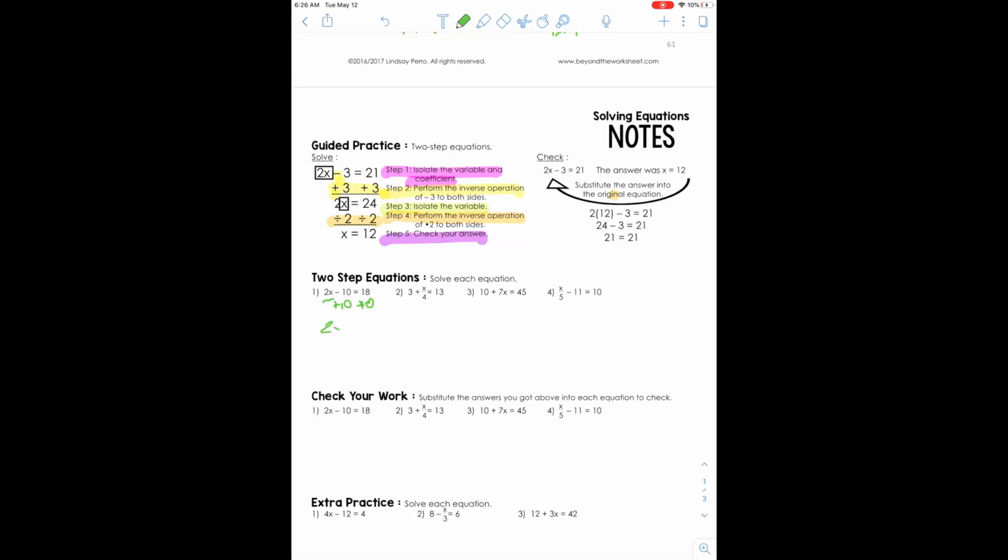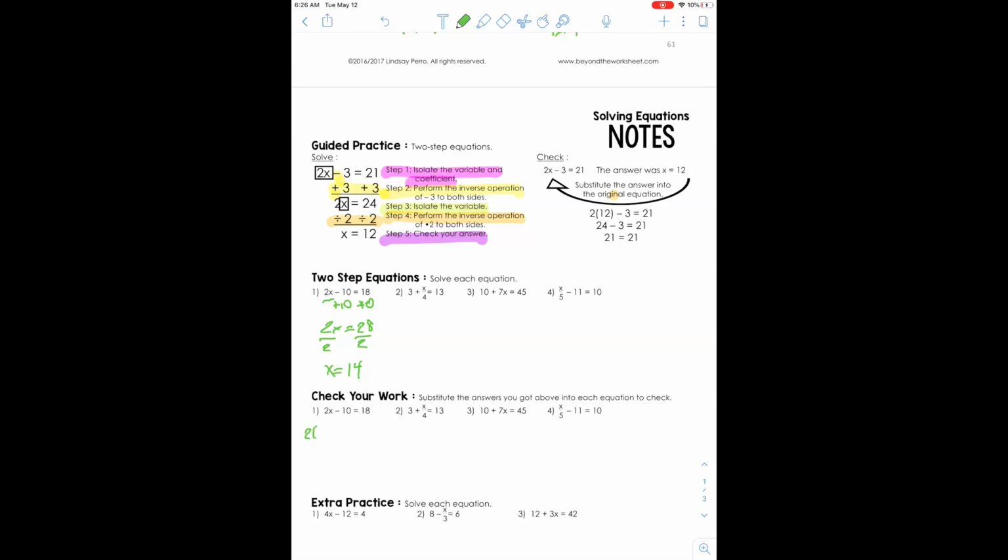So on the left we have 2x equals 10 plus 18 is 28. Now we need to isolate our variable. So the inverse of multiplication is division. So we divide each side by 2. So x equals 14.